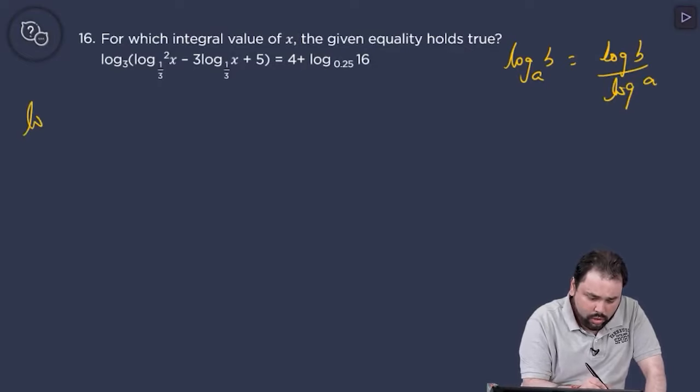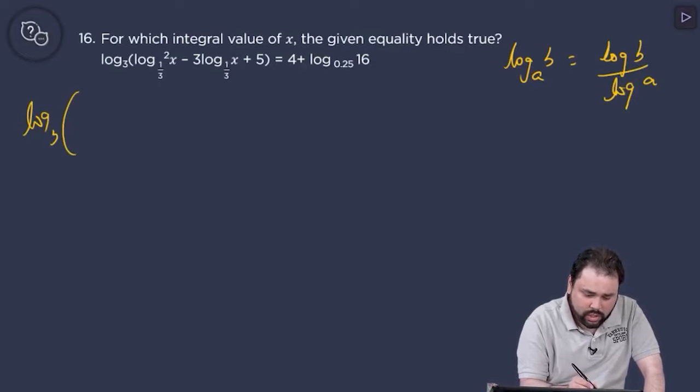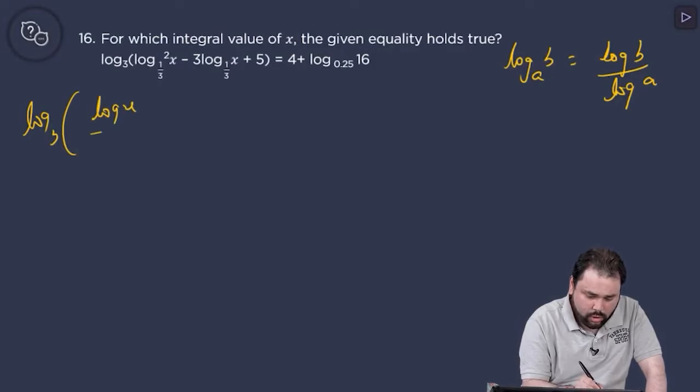So I have log base 3 into, so this is log squared x by log 1/3. Log 1/3 is 3 to the power of minus 1. So I can say this is log x by log 3 to the power of minus 1, which is minus log 3.